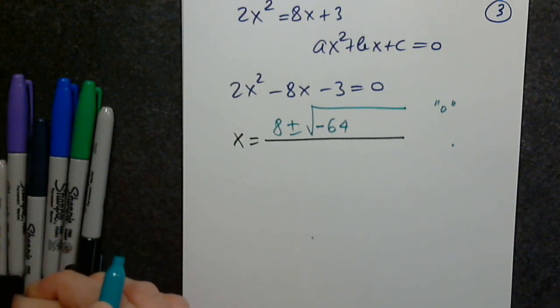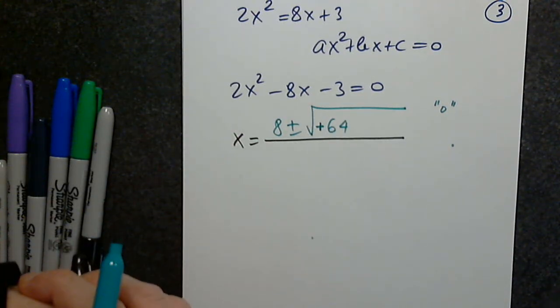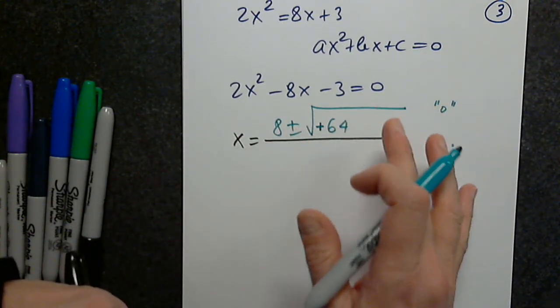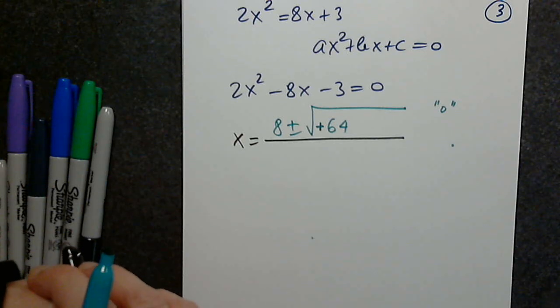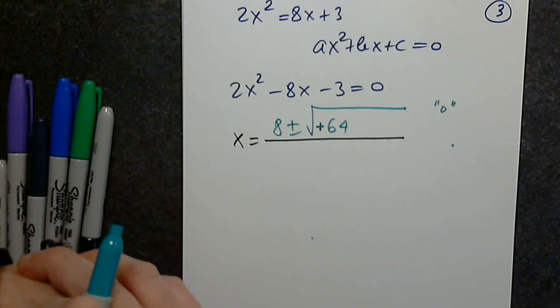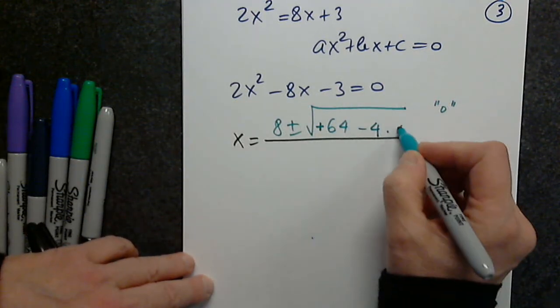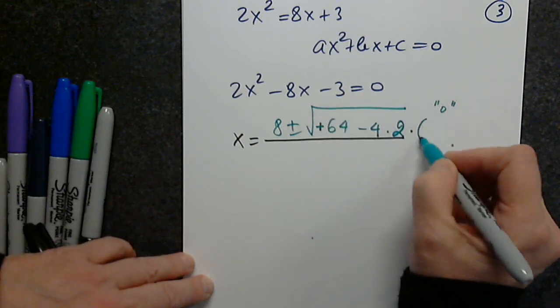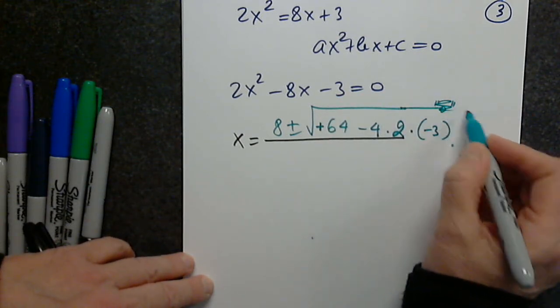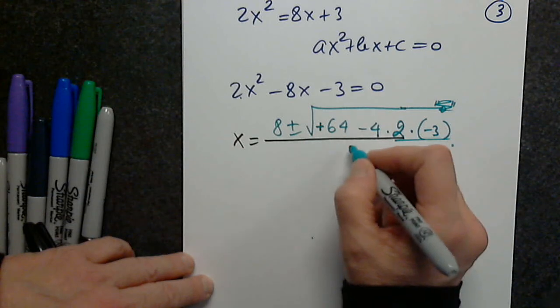Because negative 8 squared is? Thank you. So please remember, if under the square root you start with a negative number, I'll say oops and move on to the next problem. Very good. Minus 4 times a times c over 2 times a.